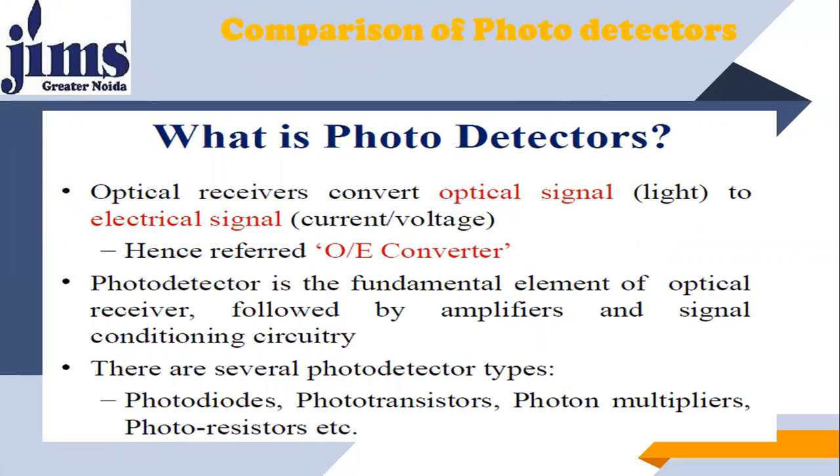So apart from photodetector, we have amplifiers and signal conditioning circuitry. All work together to give the output. So there are actually several types of photodetectors, and we already know the three photodetectors that we discussed in previous lectures. These are photodiodes, photomultipliers, photoresistors.